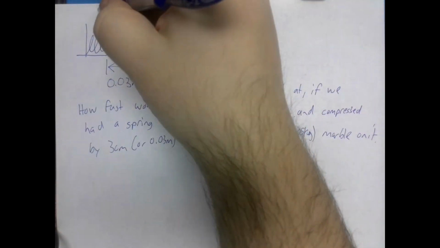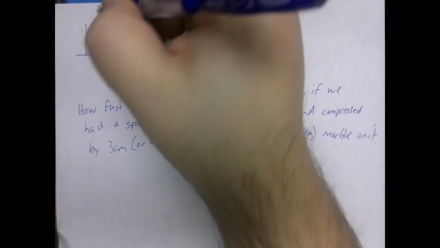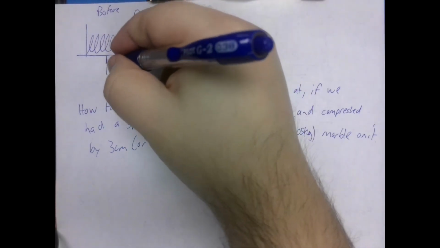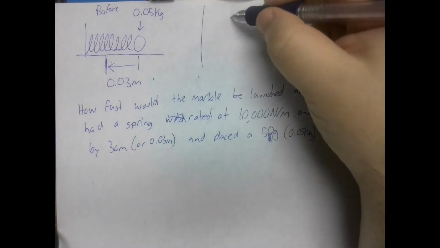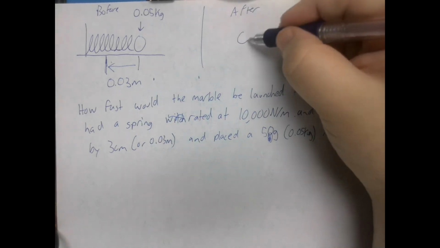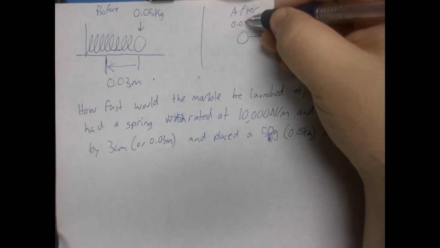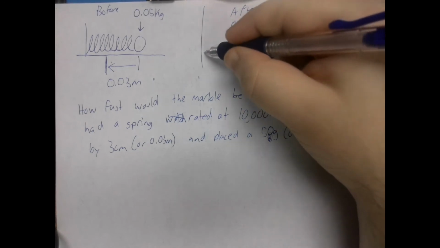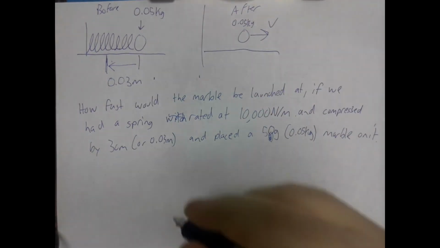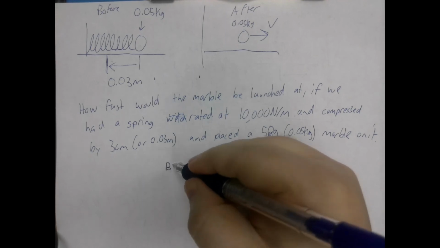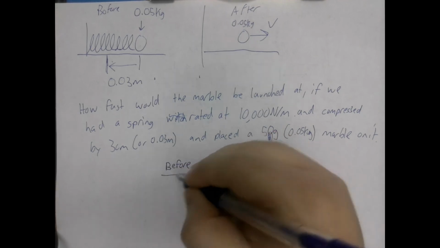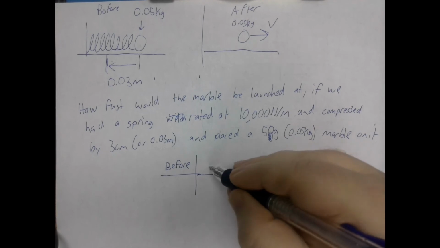So this is the before, we will compress it down to this much, and afterwards we're going to have the marble flying at some velocity. So I like doing my before and after.